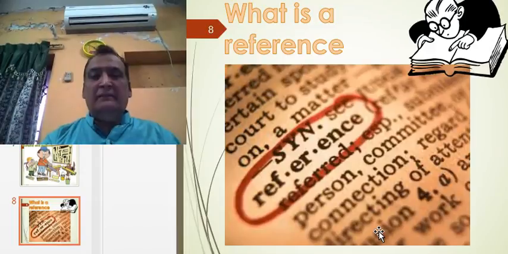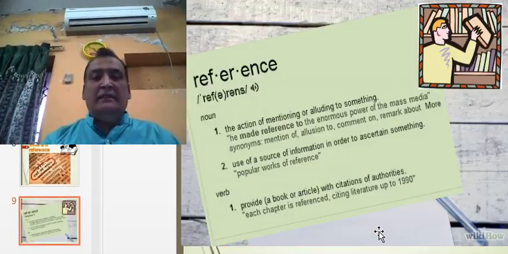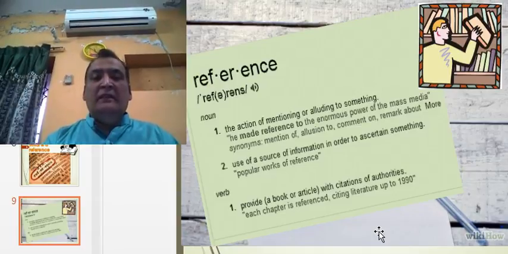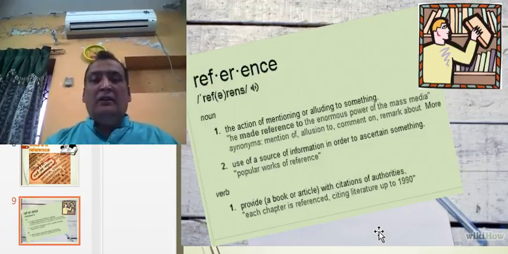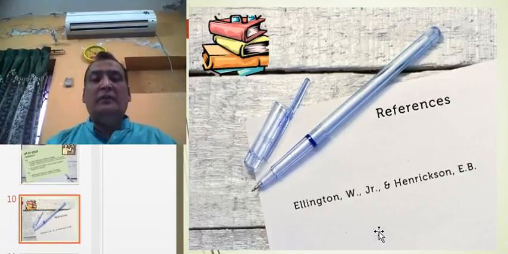What is a reference? Reference is the action of mentioning or alluding or indicating to something. This means that whenever in medical writing you mention some kind of indication of or alluding to some article, you have to mention it in your document.